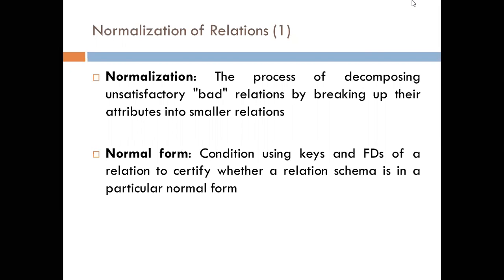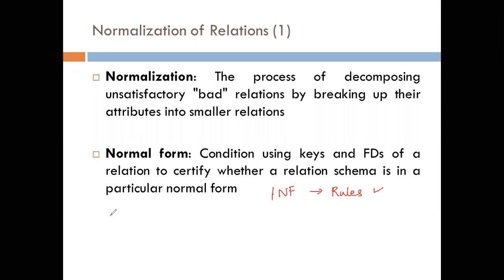For example, we will start with defining the rules in the first normal form. We also call it 1NF. So 1NF means first normal form. This has some rules. If our relation obeys this rule, then we will say our relation is in the first normal form.